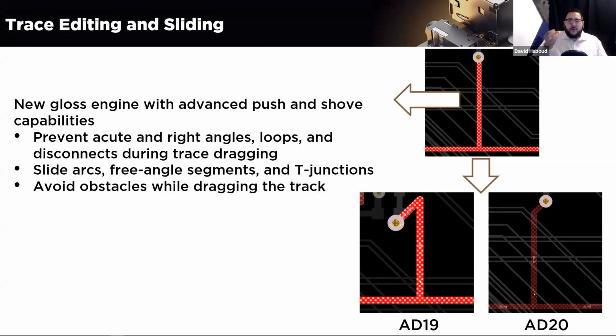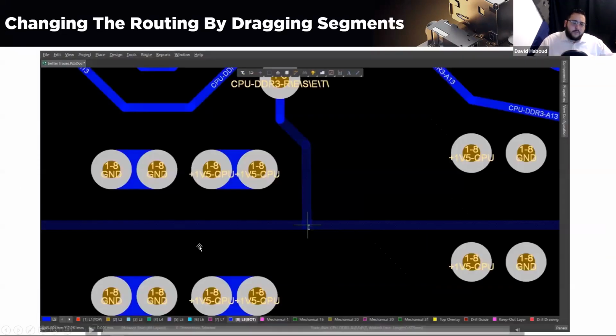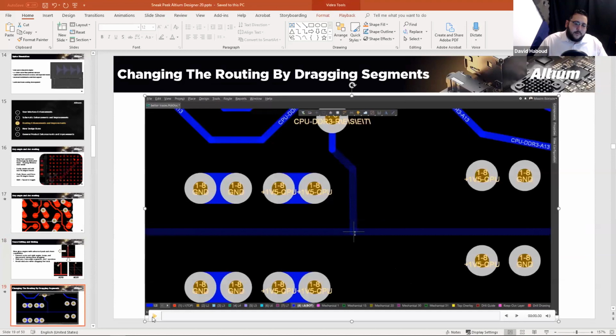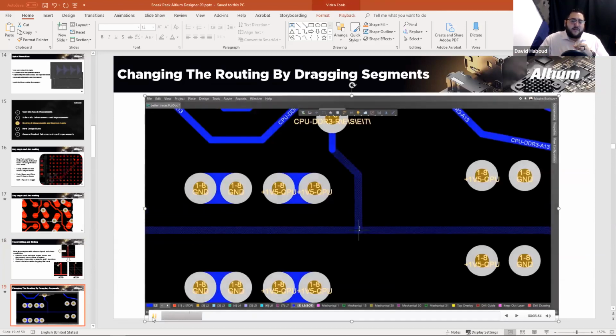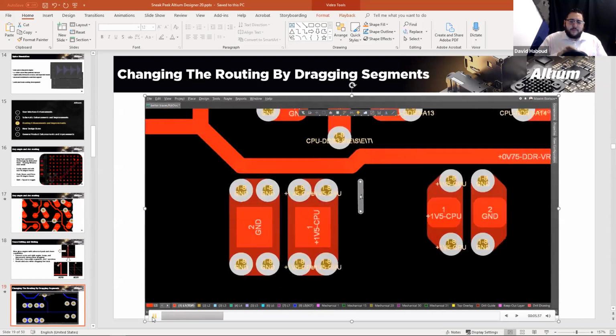And in addition, with the new arc capabilities, you can slide all of that and all the free angle segments. It makes it really easy to avoid the different obstacles while you're dragging things around. So we have this T-junction here, and you can see it avoid the vias and kind of wrap around them.